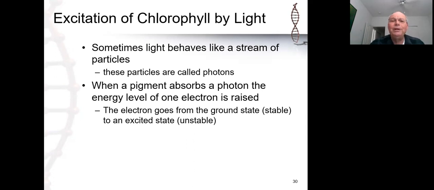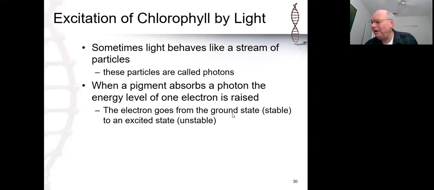Now, remember, the wavelength of light determines the amount of energy. So there is a photon that has the energy of violet light, a photon that has the energy of blue light, a photon that has the energy of red light. And so the photons of purple and blue light are the most energetic, and the photons of red light are the least energetic. And that determines what happens to the electrons.